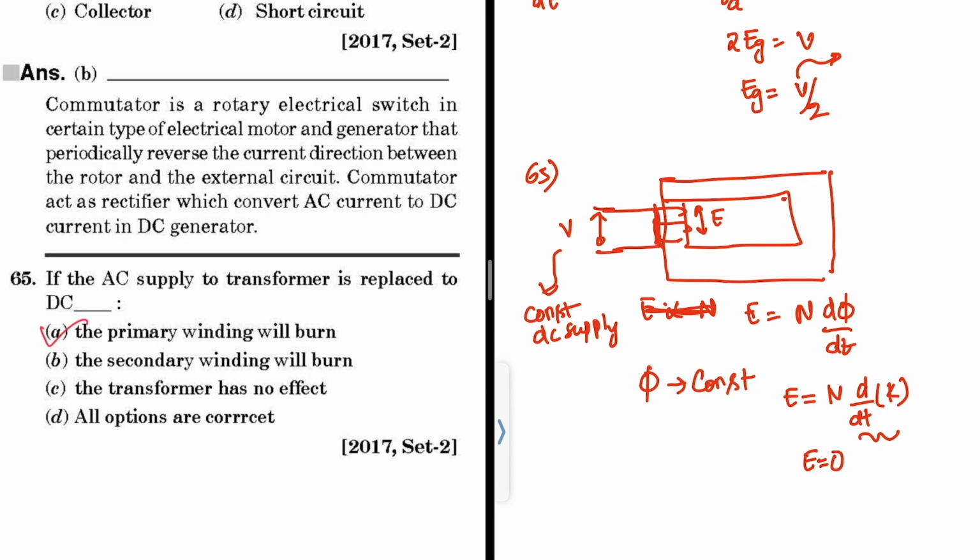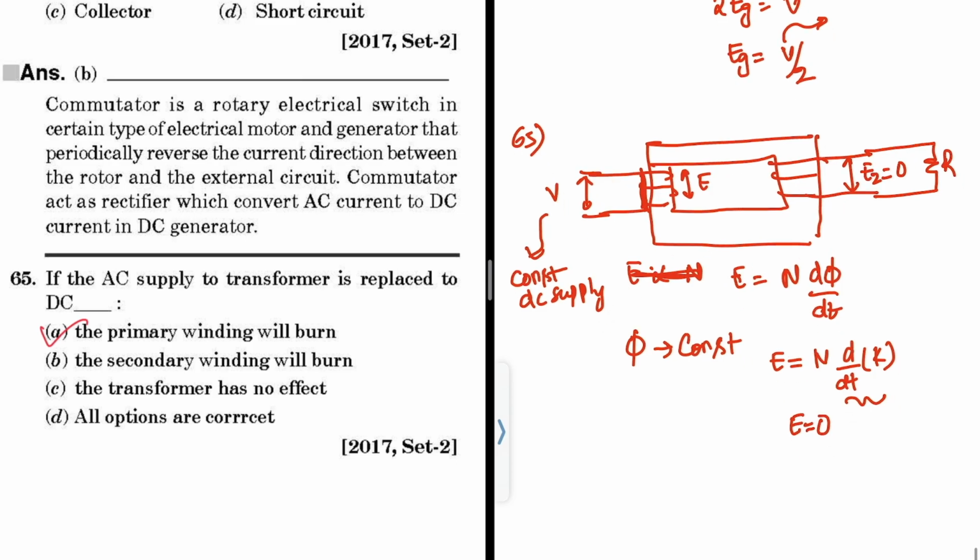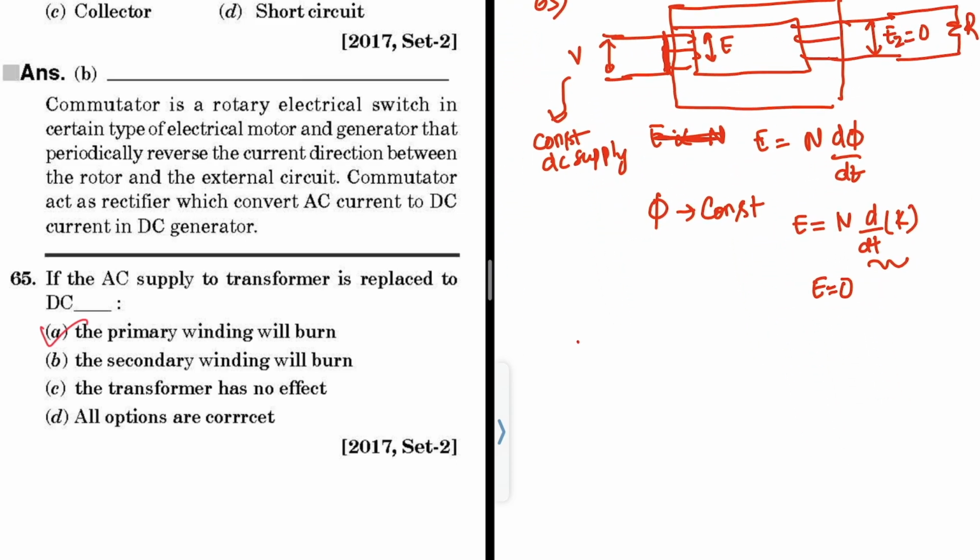Coming to secondary winding, if the EMF induced in the primary is 0, secondary is also 0. It is connected with a load R. Now if you observe, primary winding has source voltage V and it is shorted, and secondary winding is 0 volt and shorted.